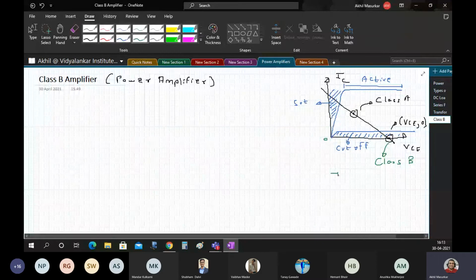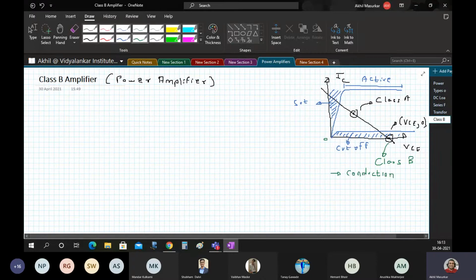Conduction of transistor only for 180 degrees.